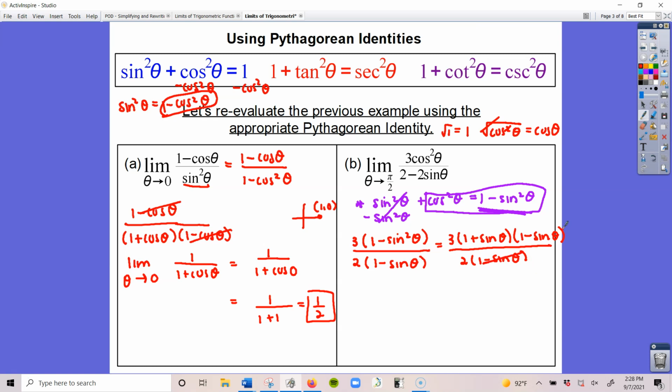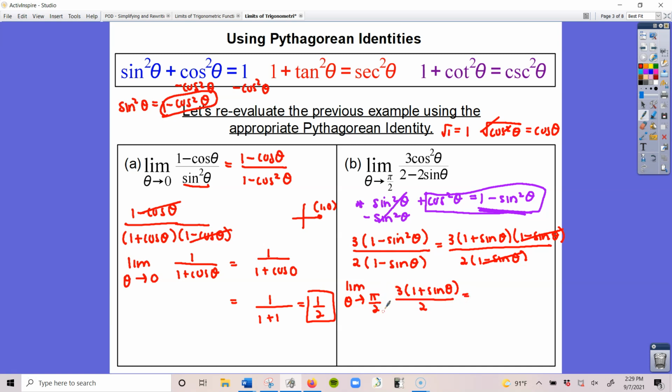These factors here would cancel. So here's my new limit. The limit as theta approaches pi over 2 of 3 times 1 plus sine theta all over 2.